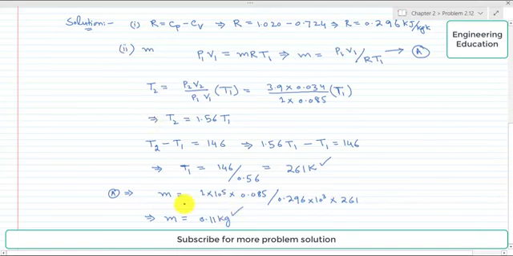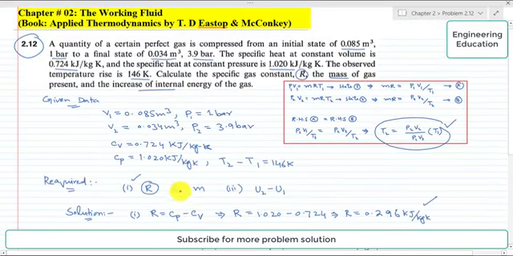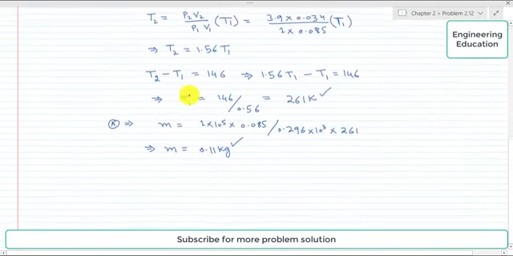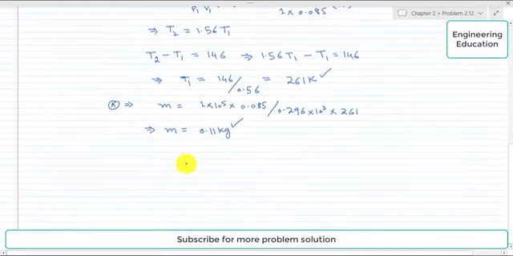Now to find the rise in internal energy, or increase of internal energy, again we can use the expression used in problem 2.11, but this is only internal energy, not specific internal energy.